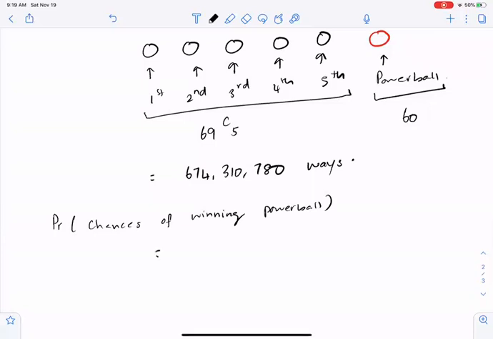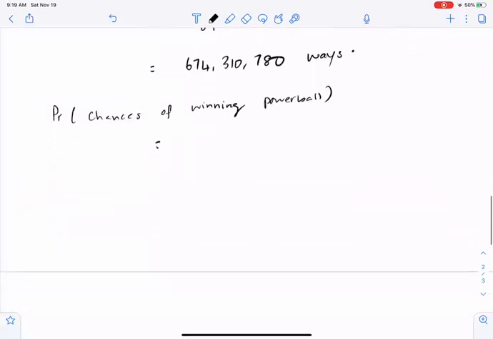Well, all you have to do is match one out of all possible ways. So all possible ways would form what we call a sample space. I'm going to introduce that in a bit.